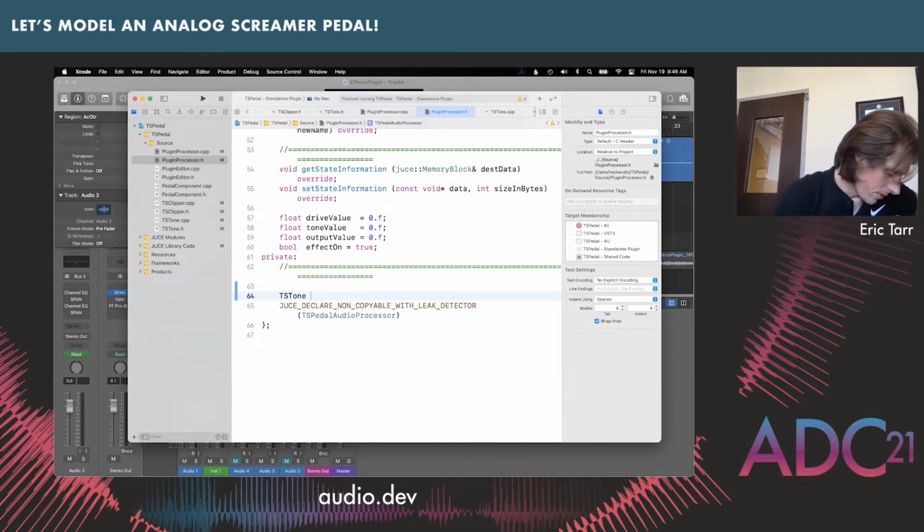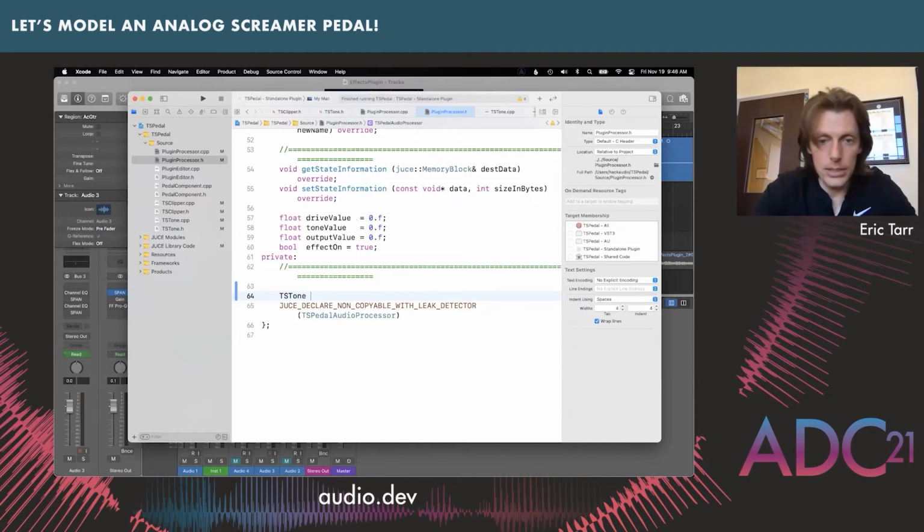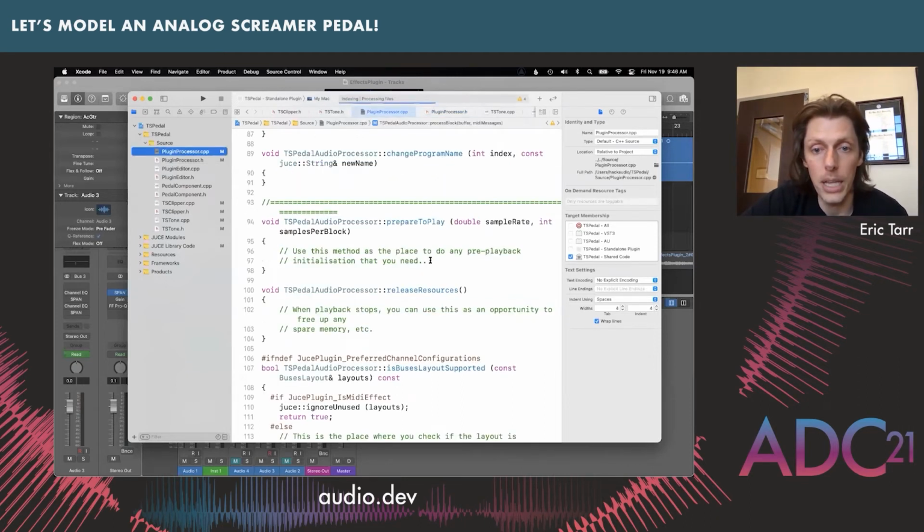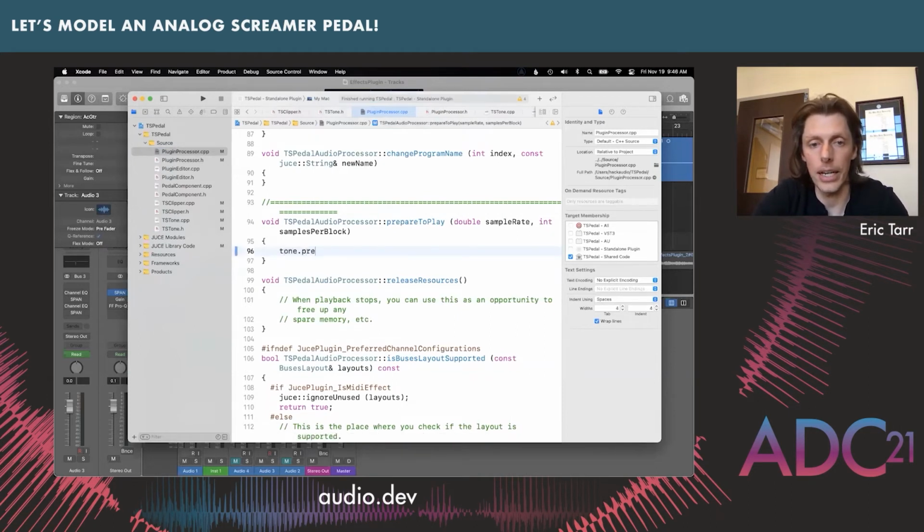Okay. So I'm just going to call this instance of it tone. Now in our plugin processor, we'll go to our prepare to play and we'll say that we're going to have tone here. And I think I called it prepare.